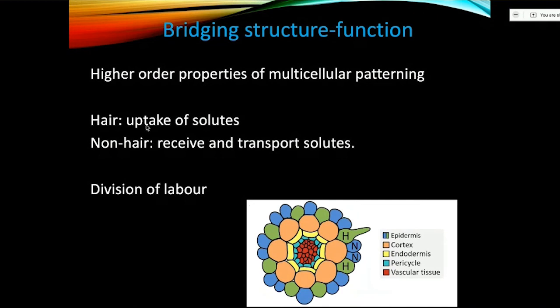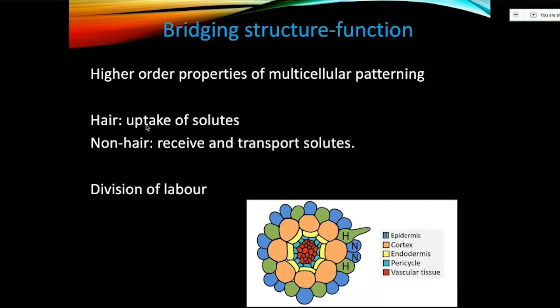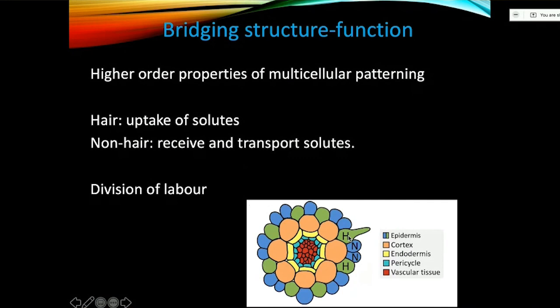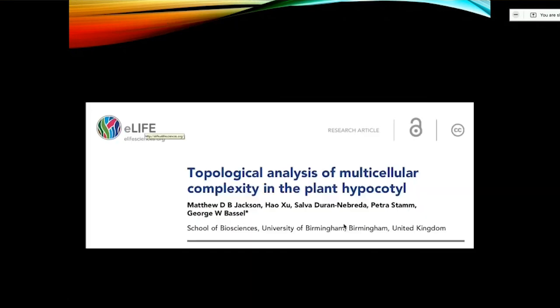So their function is principally in uptake, but then they are juxtaposed, sat beside these non-hair cells, which never produce hairs, but they're optimized for transport. So the idea then is that these cells are receiving and taking up nutrients and water from the soil, and then shunting them over to these non-hair cells, which are specialized for the long-distance transport along the length of the hypocotyl.